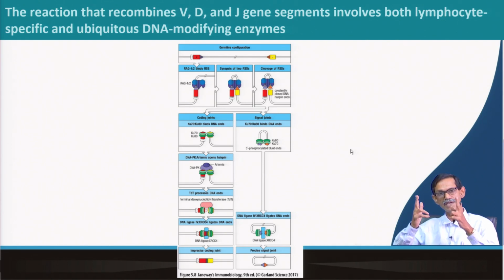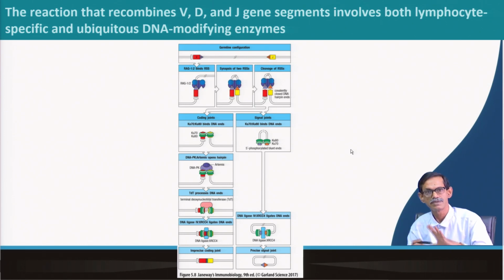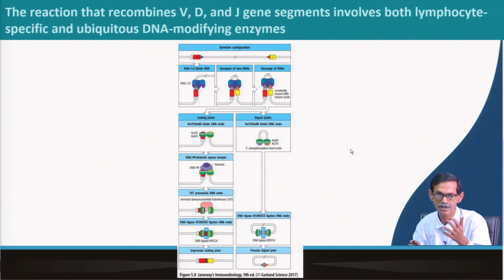Wherever there is a DNA break and repair they will act. For example, the ligase which joins two DNA fragments is common. So there is a combination of lymphocyte-specific proteins and ubiquitous proteins. I will tell you the names of some; not all are that important from the lymphocyte point of view, but you will see that many of them are very common.